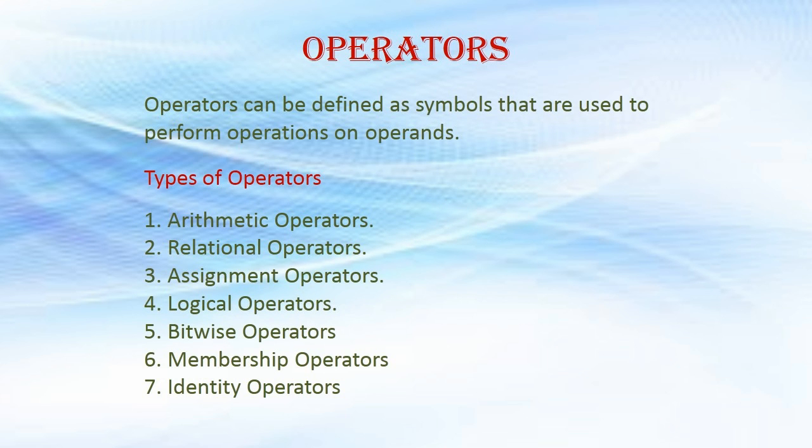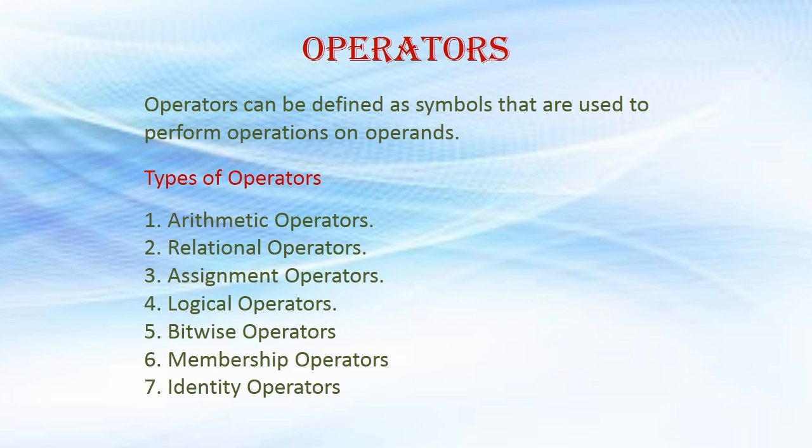Operators. Operators can be defined as symbols that are used to perform operations on operands. What happens when we write any mathematical expression, suppose 2 plus 3 equals 5? In this expression there are two important things: one is the operator and the other is the operands. Operands are those on which we operate, and operators are what we use to operate.